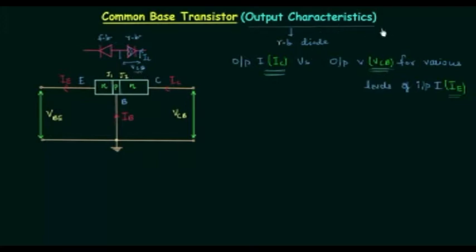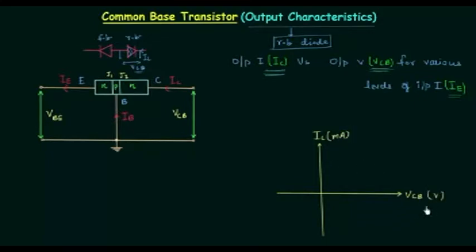So the output characteristics of the common base transistor is simply the reverse bias characteristics of a PN junction diode. The x-axis will represent VCB and the y-axis will represent IC. IC is measured in milliamps and VCB is measured in volts. The plot is very simple.